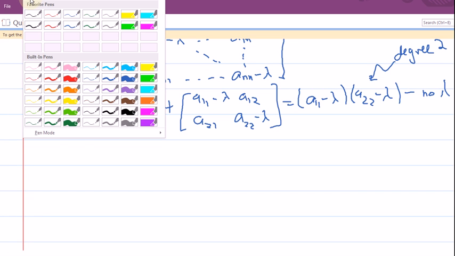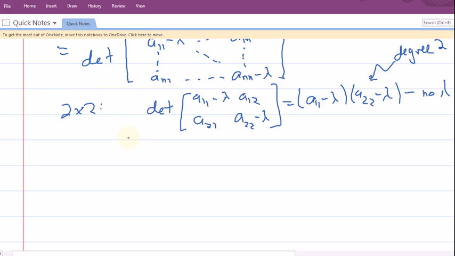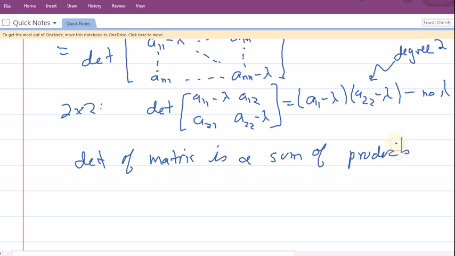The determinant of a matrix is a sum of products of entries of the matrix.